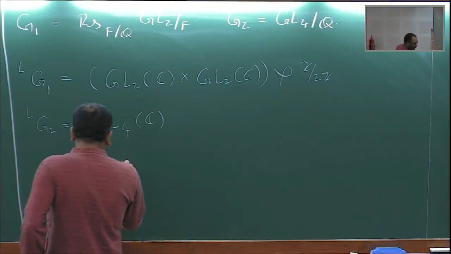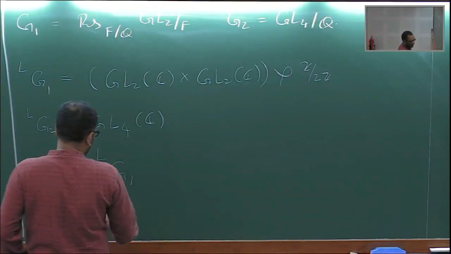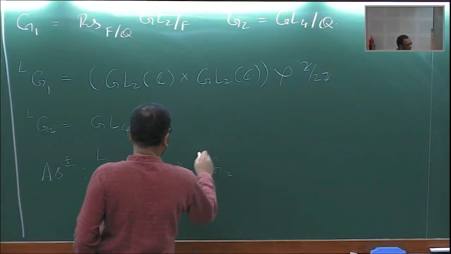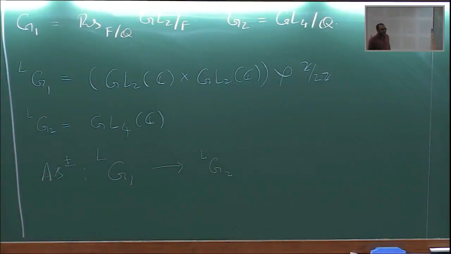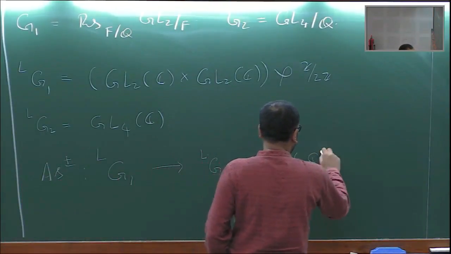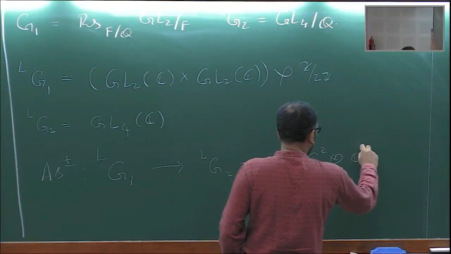So this is going to be a map from the L-group of G1 to the L-group of G2, and what is it given by? I'm going to write this as GL of C2 tensor C2.